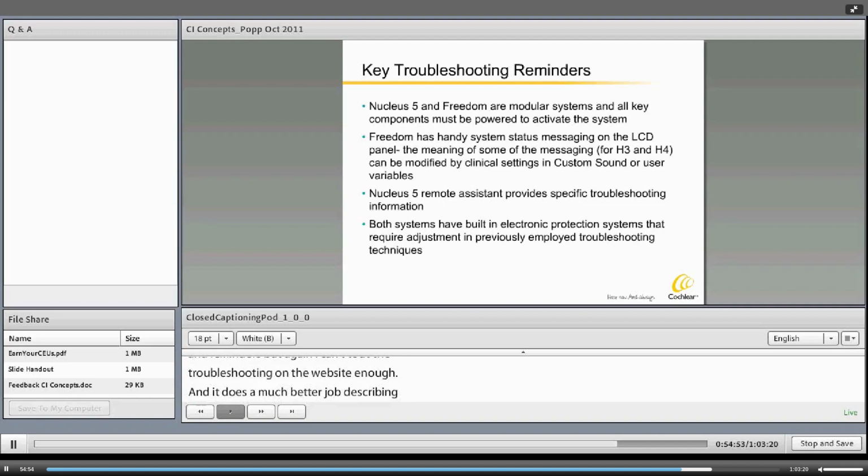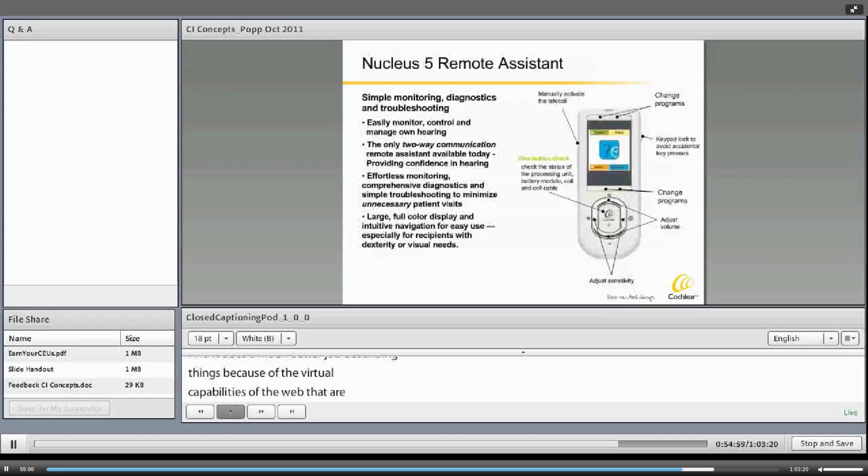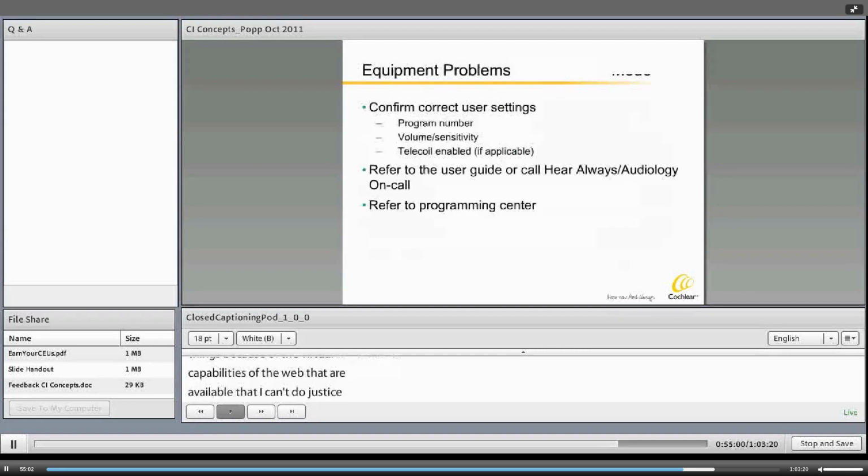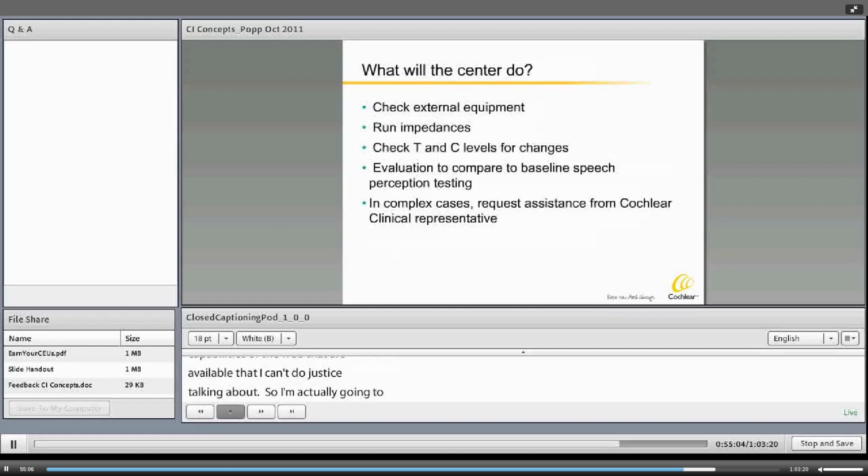You'll see through the next section of the slides that there are a number of troubleshooting steps and reminders, but again, I can't tout the troubleshooting on the website enough. It does a much better job describing things because of the virtual capabilities of the web that I can't do justice talking about.